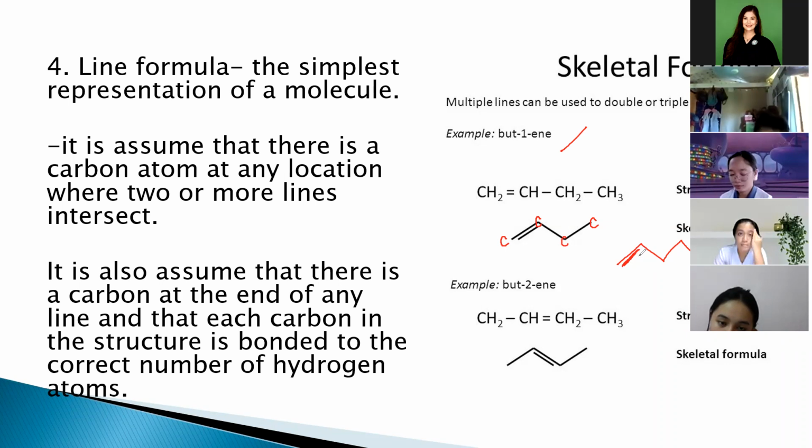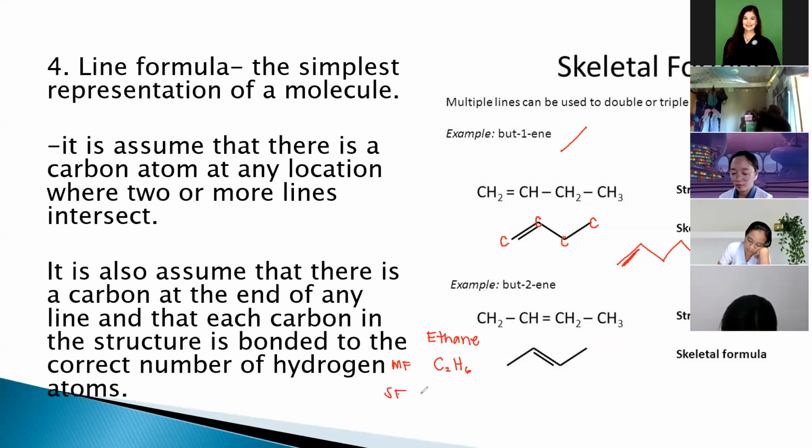And then again, this one is our simplest representation. So pag pinagawa kayo class, this is the ending of our discussion. Example, ethane, 'di ba? Ang kanyang molecular formula is meron siyang dalawang carbon and 6 na hydrogen.